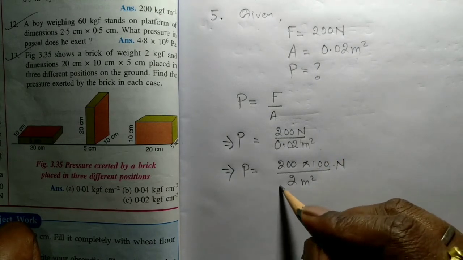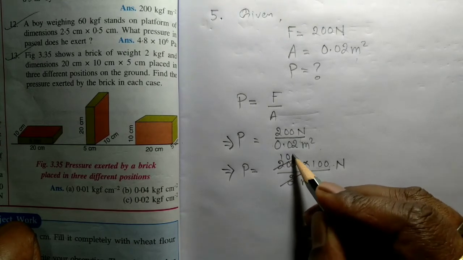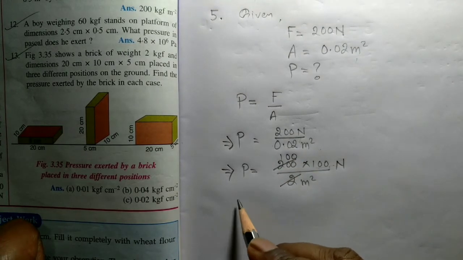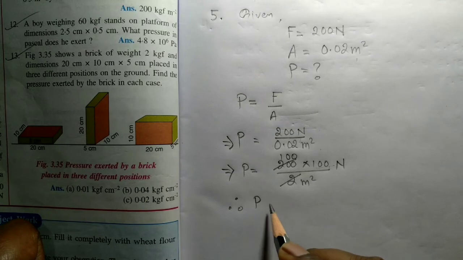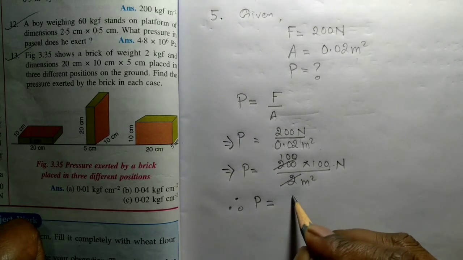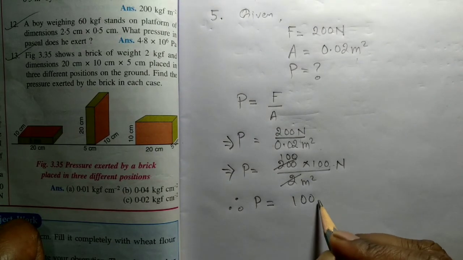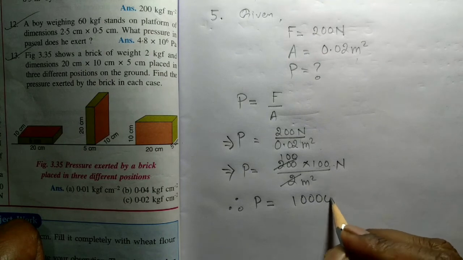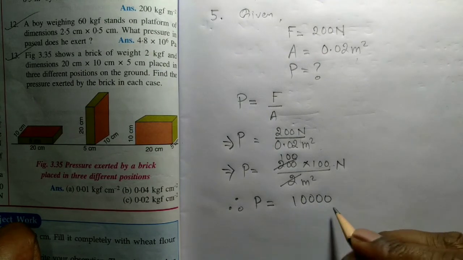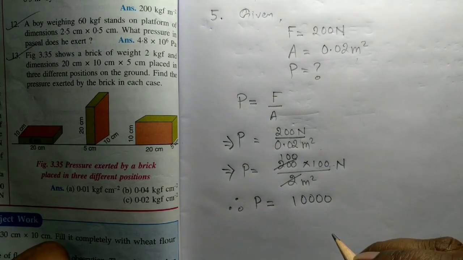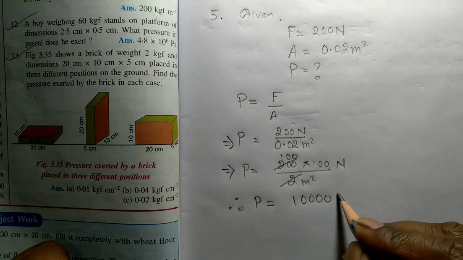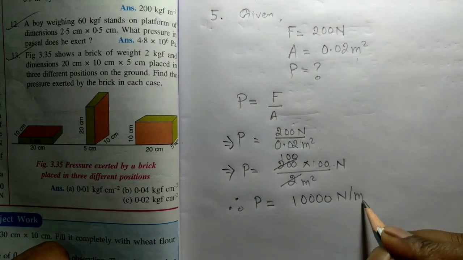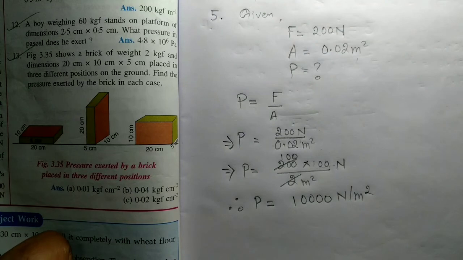So now we can cancel this. You're getting 100, so the value of pressure will be 10,000, that is 1 with 4 zeros, Newton per meter square. So this much is my answer. It is 10,000 Newton per meter square.